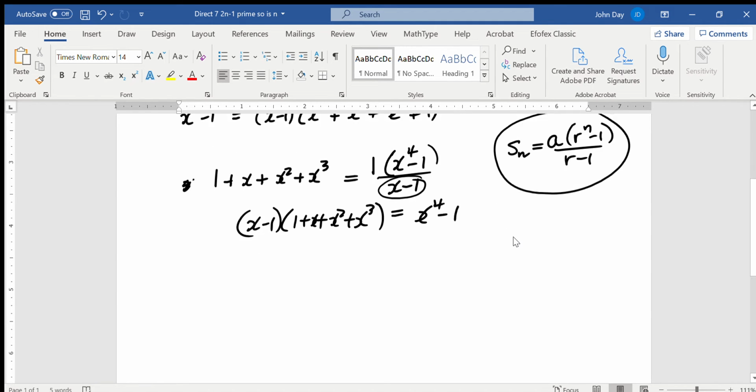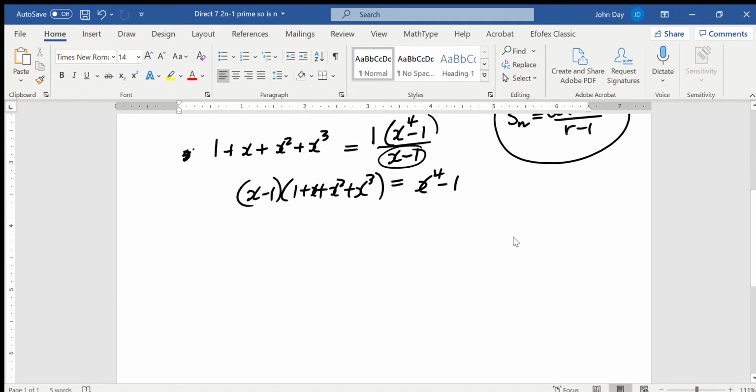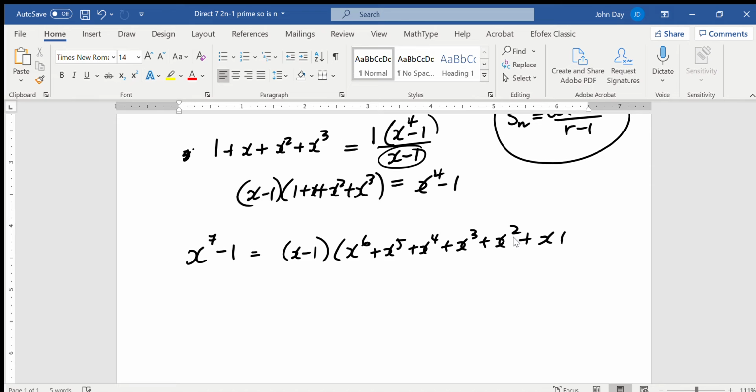So that's a pattern. If I had x to the 7 minus 1, then I could say that it's (x minus 1) times (x to the 6 plus x to the 5 plus x to the 4 plus x cubed plus x squared plus x plus 1).